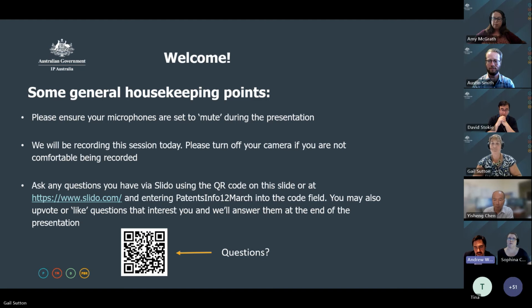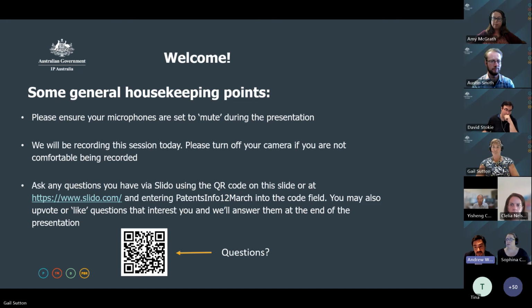We take those applications for patents and those other IP rights and make an assessment on whether the applications meet the requirements of the law that's applicable. In this case, the Patents Act is one of those key pieces of information. If it meets those requirements, we grant a patent, an IP right.